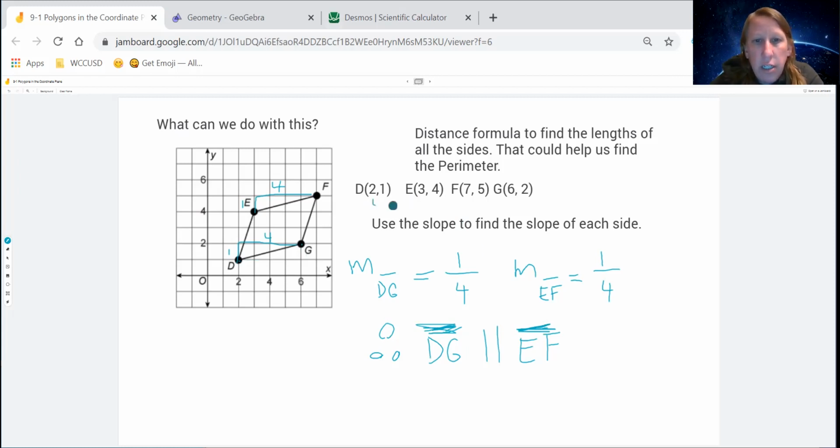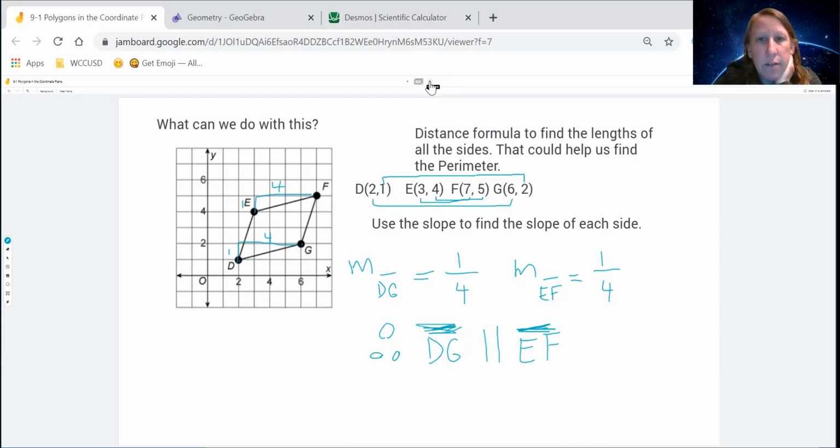From D to G is 4, and from 1 to 2 is 1. There's your 1 over 4. And then I did it again with these. From E to F is up 1, and from 3 to 7 is up 4.